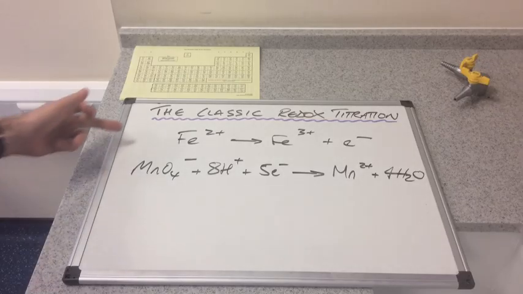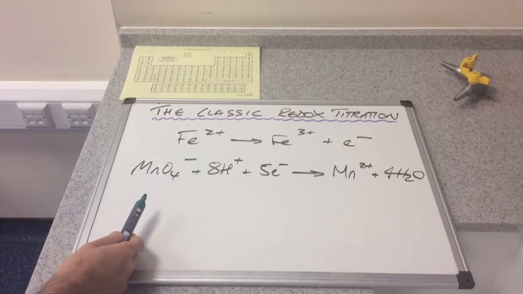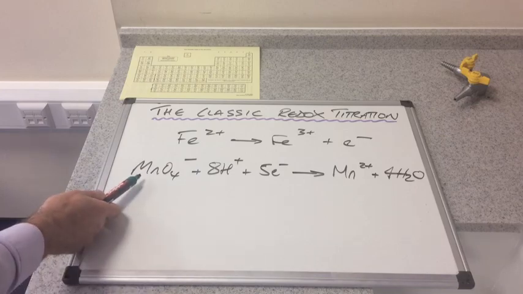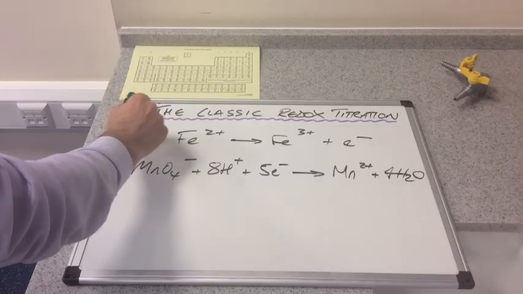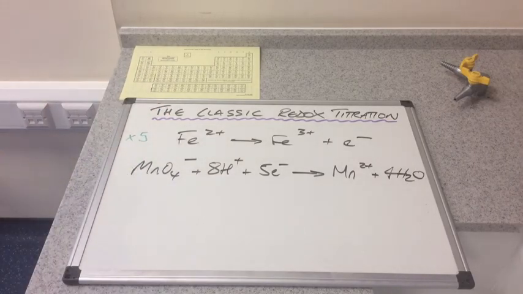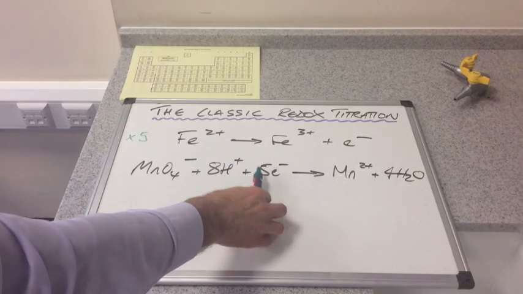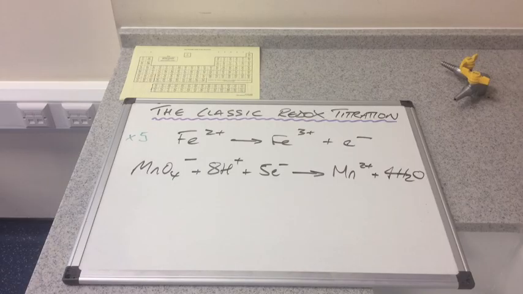But let's suppose you've written your two half equations. Where do we go from here? What we need to do is get the electrons to cancel out. You can see we've got 5 electrons in this half equation, and only 1 in this one. So if we multiply this half equation by 5 and add it to this half equation, we'll have 5 electrons on the left hand side and 5 electrons on the right hand side, and they will just cancel out.